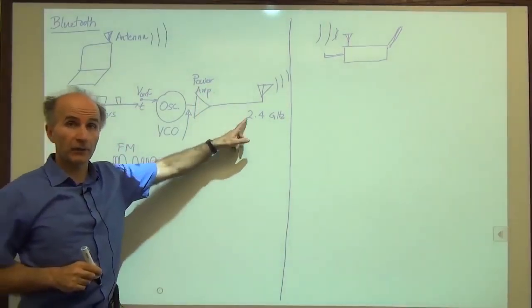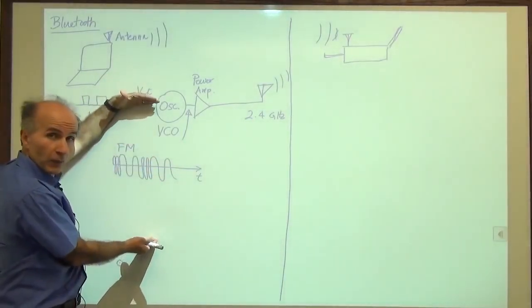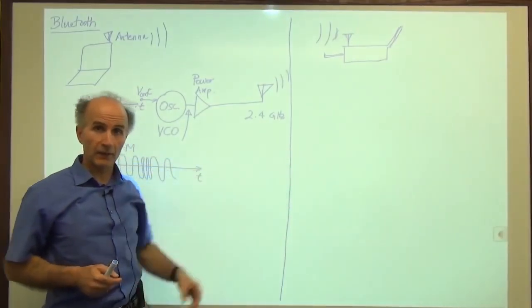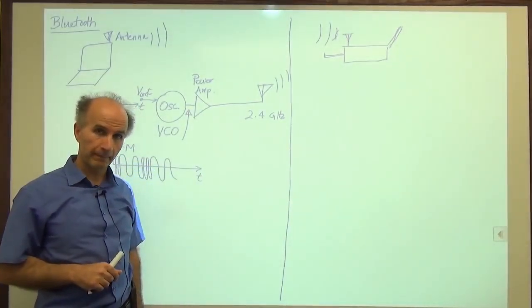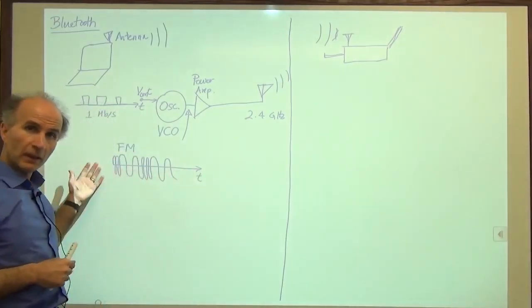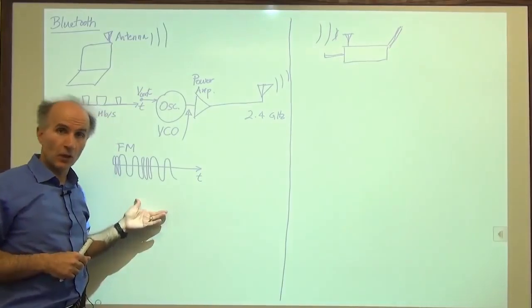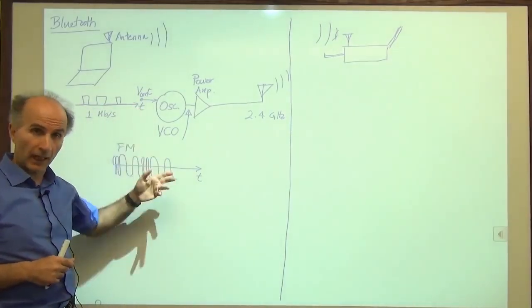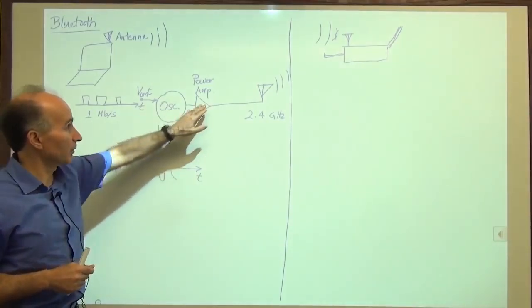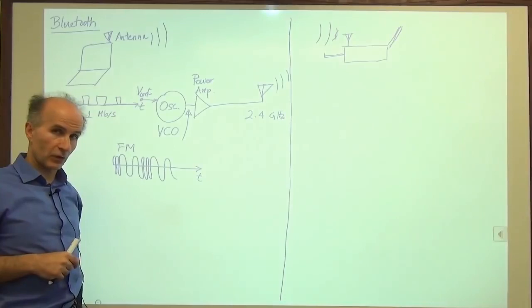So what is applied to the antenna is the same shape as this, except that it has a larger swing so that the antenna transmits a greater power outward. So this is a very simple transmitter that we could have for FM communication, or with some modifications for Bluetooth communication. And you can see that it requires amplification, oscillation, and many other functions that we are not showing here.